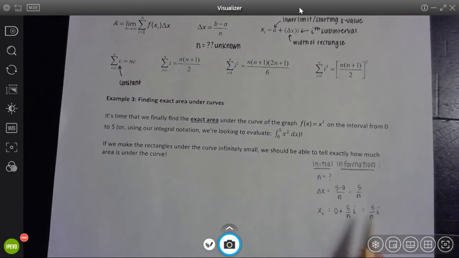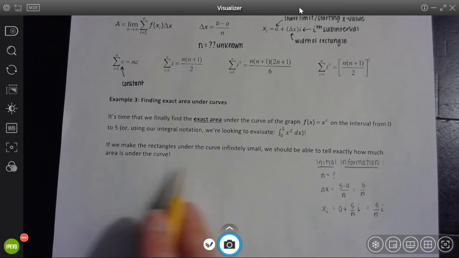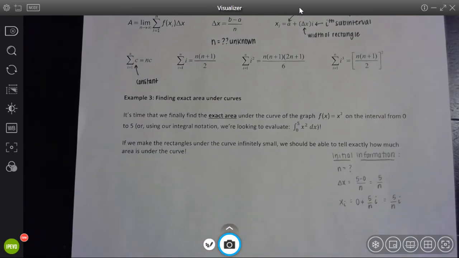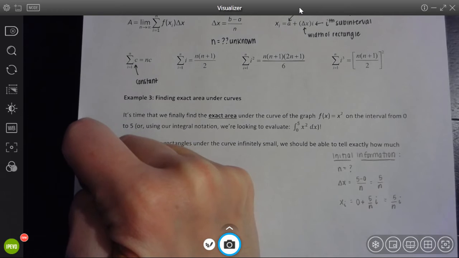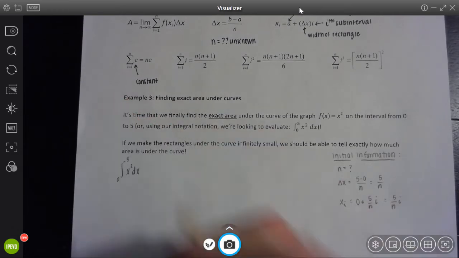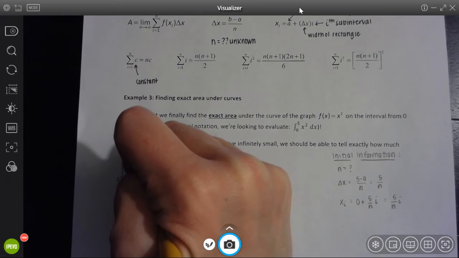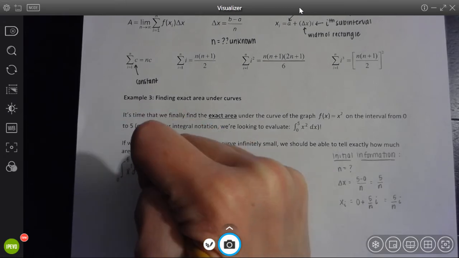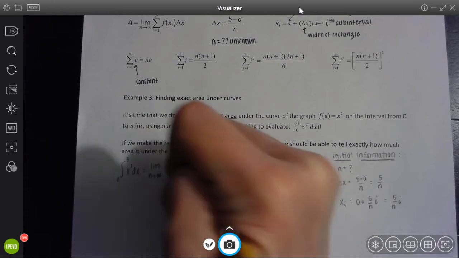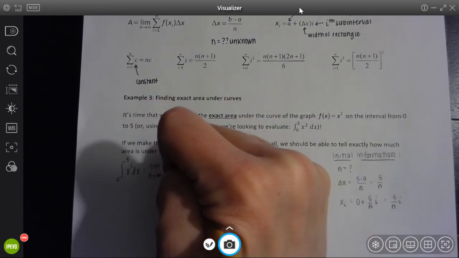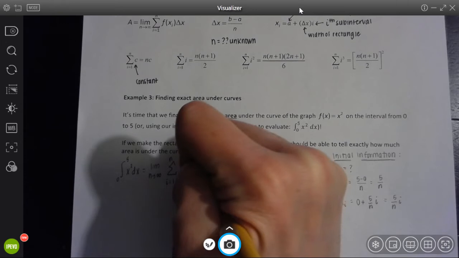We're going to do one more thing with this x sub i, but I do want to set up our formula here. So we know that we're evaluating the integral from 0 to 5 of x squared dx. And we know that that's equivalent to the limit as n approaches infinity of the sum starting at my subinterval of 1 and ending at my subinterval of n of f of x sub i times delta x.